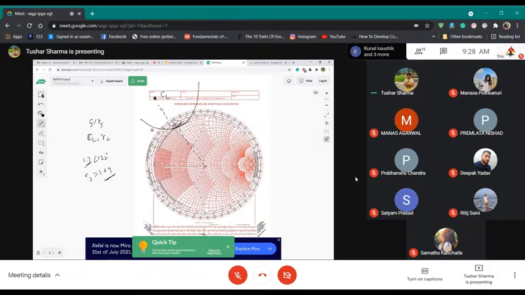Actually, this looks a little terrible, but it will be something like this. So this will be your RL. Ignore this one. So this is one circle. Similarly, at the source, you have CS and RS. You will plot another circle. Now, as I explained, S11 sign you have to see.